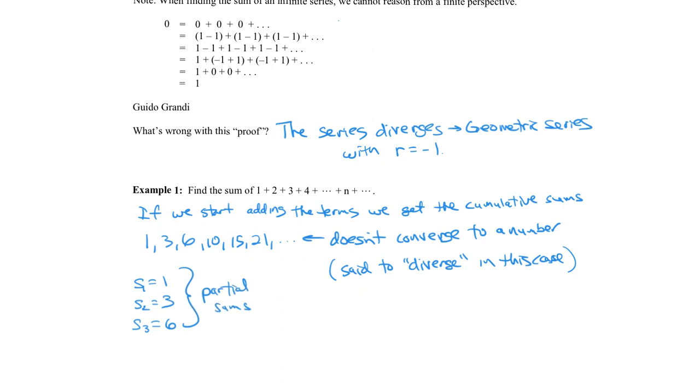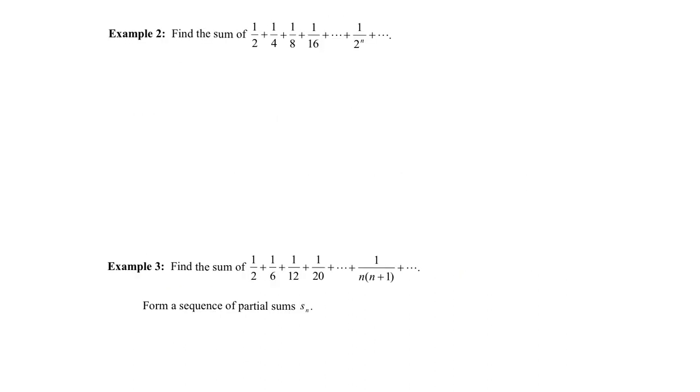When we're talking about convergence, what we do is look at these partial sums and see if they're approaching a number, if we can predict what they're going to get closer and closer to. Now in this case, you can see they don't approach any number. They just keep growing without bound, which is why we say that in this case, the sum of this series diverges.